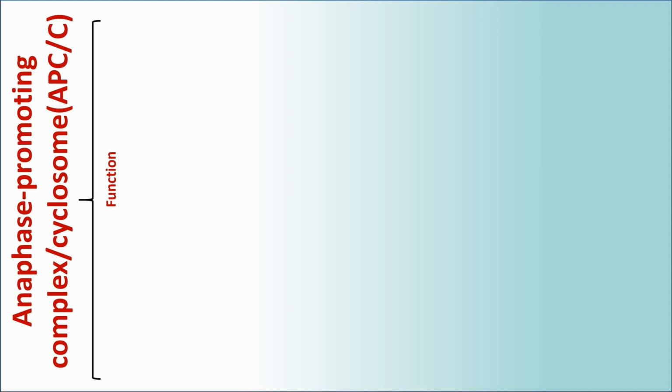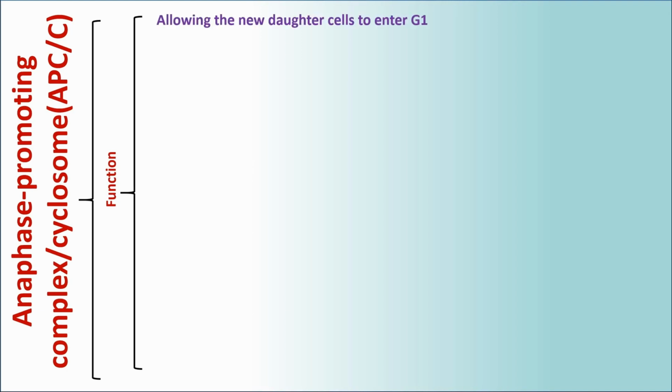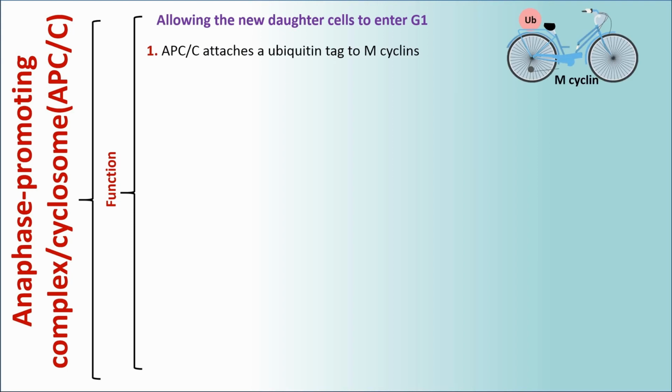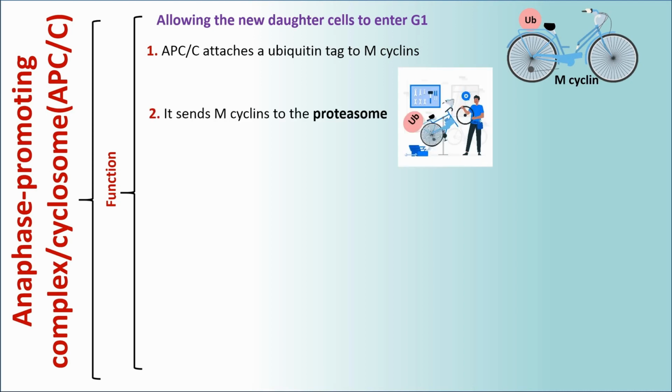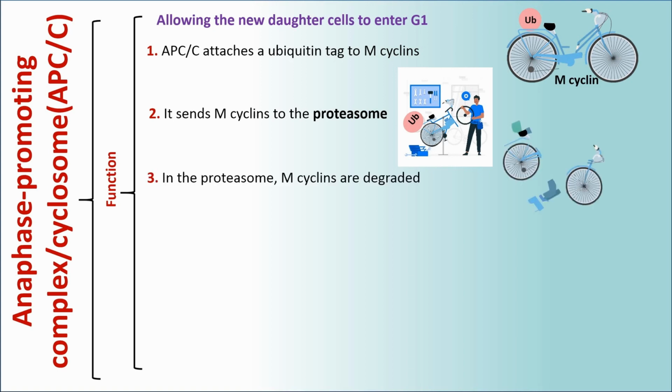APCC function: allowing the new daughter cells to enter G1. Step 1. APCC attaches a ubiquitin tag to M cyclins. Step 2. It sends M cyclins to the proteasome. Step 3.